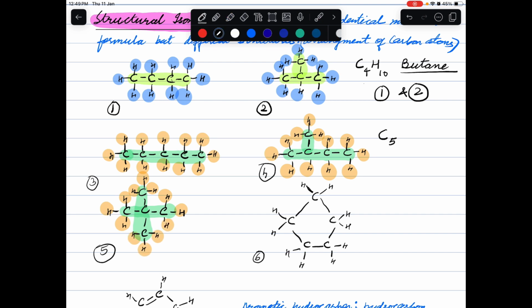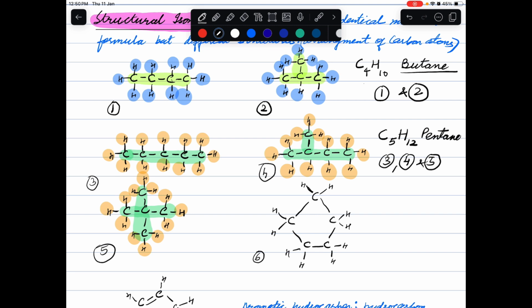Therefore, the third, fourth and fifth are isomers with formula C5H12, and this is called pentane. So these 3 are structural isomers of pentane.